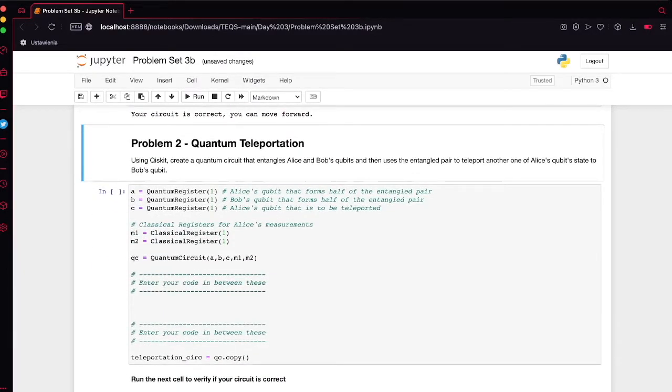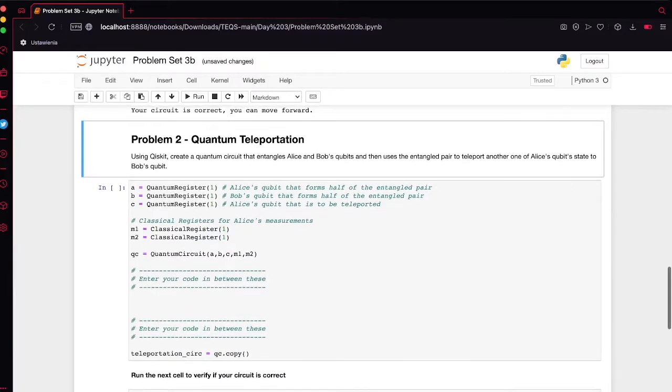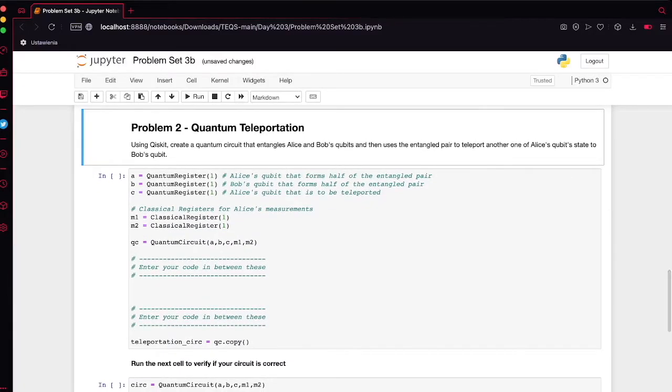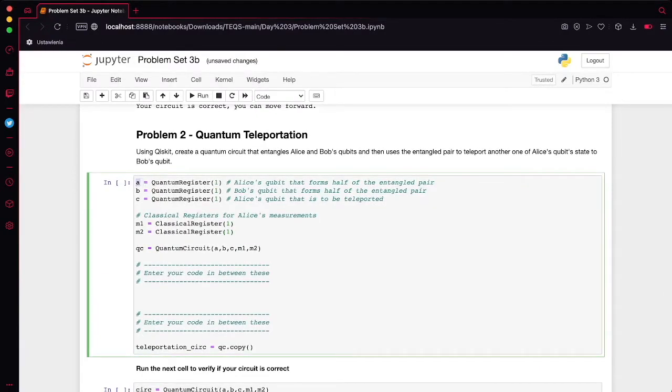Problem 2, quantum teleportation. And here we're going to implement the teleportation protocol. A is Alice's qubit that forms half of the entangled pair, and B is Bob's part of this entanglement. And C is the actual qubit that we are going to teleport.